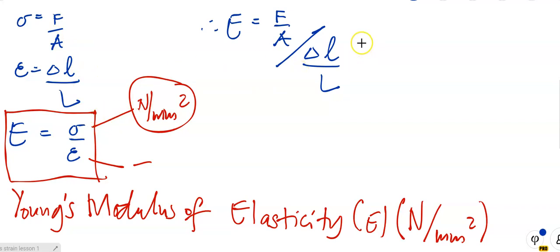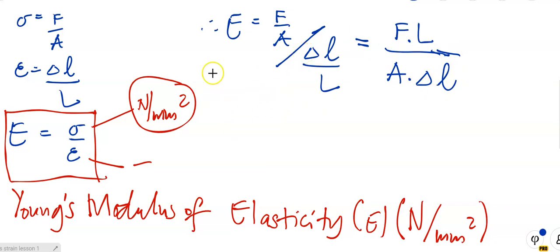And if I tidy this up, with some algebraic manipulation, I'm going to get F times L over A times delta L. Okay, so therefore E is equal to F times L over A times delta L.